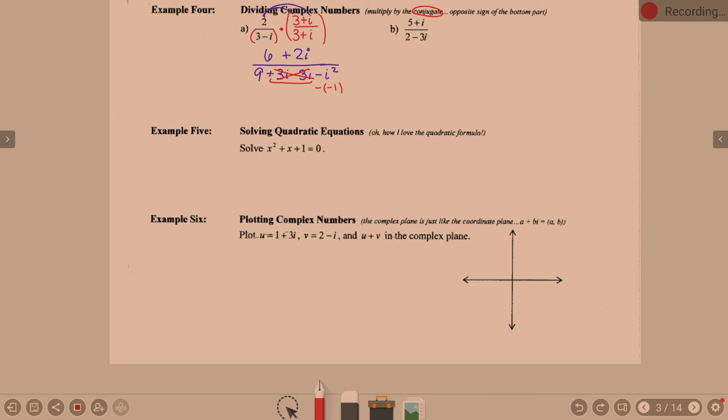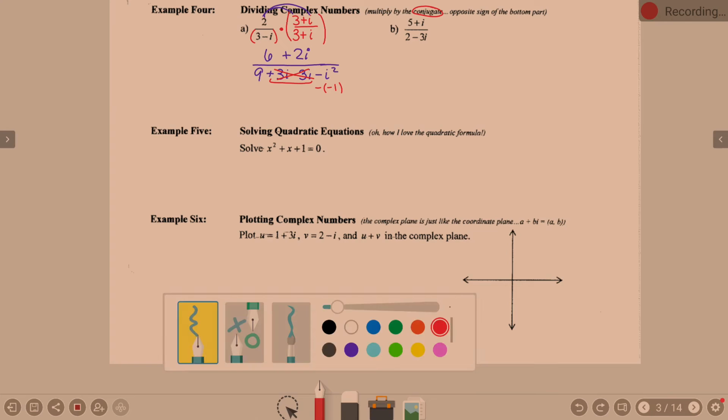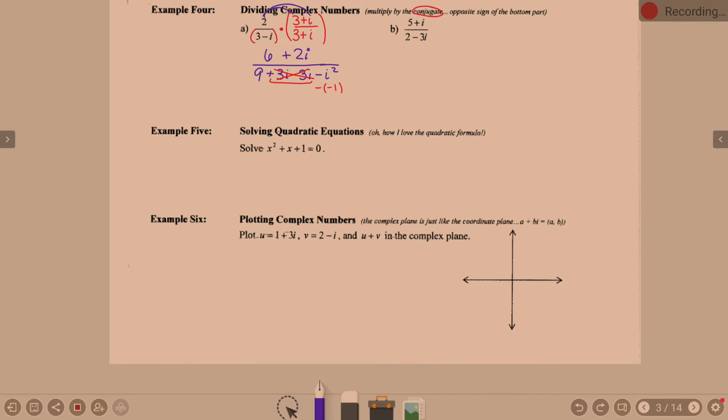Because i squared is negative 1, so we're really saying minus negative 1, if you will. So when we clean this up, on top we still have 6 plus 2i. On bottom, what do we have? 10, because it's 9 minus negative 1, so 9 plus 1, which is 10.